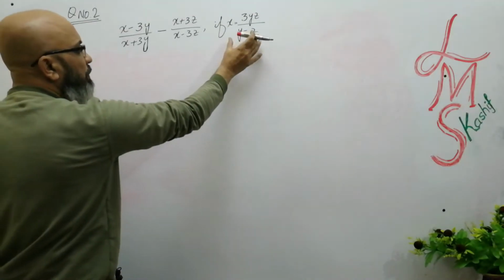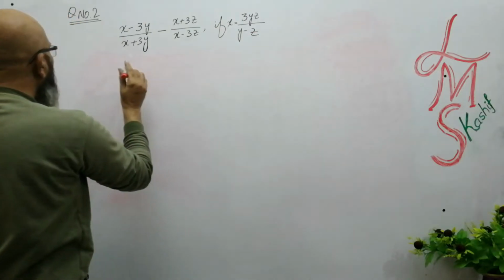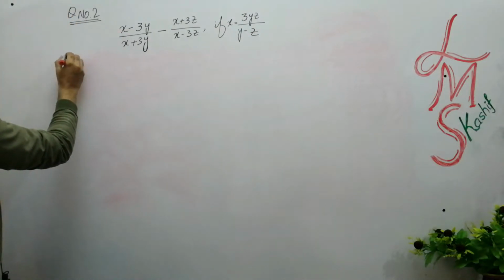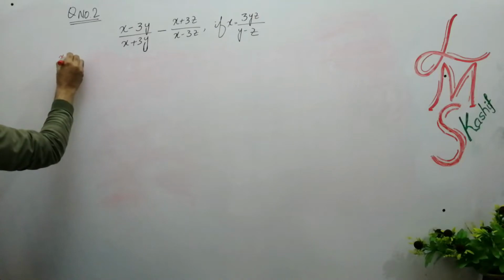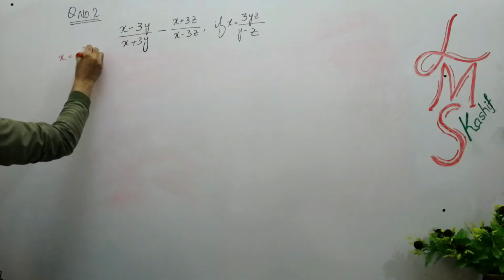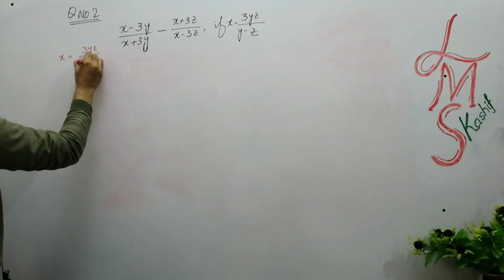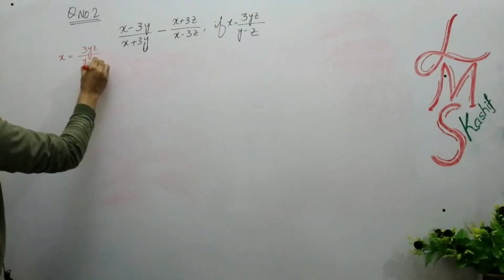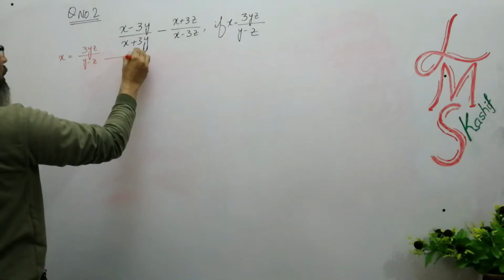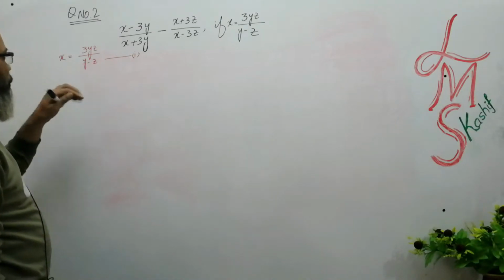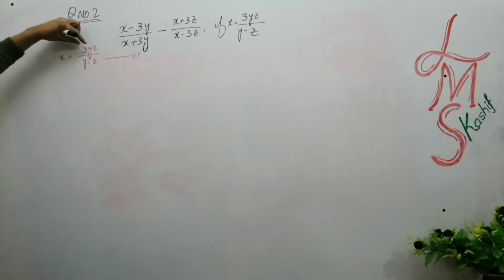Okay, we start from this one because this is given to you. We name it equation 1. X is equal to 3yz over y minus z. We call it equation 1. So from equation 1, here we have 3yz.